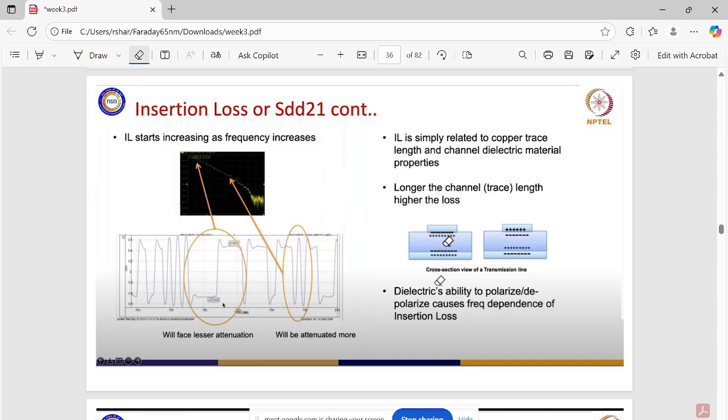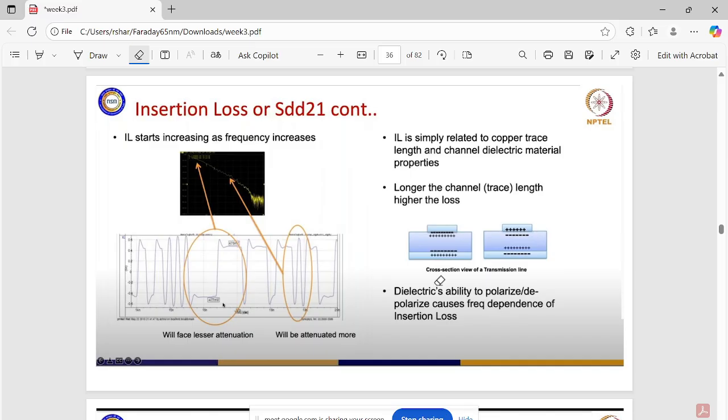When an electromagnetic wave is going through the media, the dielectric also needs to polarize and depolarize at the frequency at which we are transmitting the wave. So this dielectric ability to polarize and depolarize causes frequency dependence of the insertion loss, and because of which high frequency gets attenuated more and low frequency gets attenuated less.